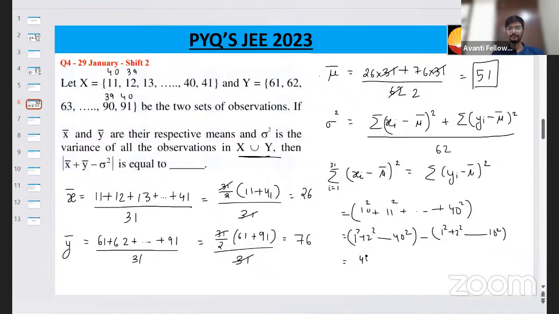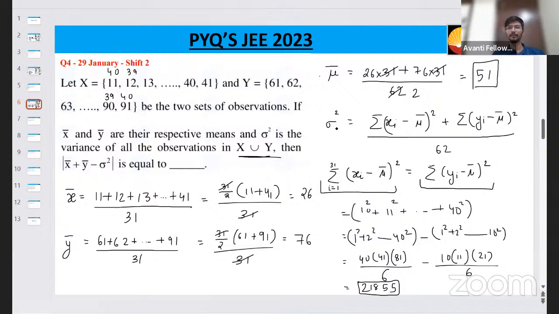This is n into n plus 1 into 2n plus 1 by 6. Am I correct? Minus n into n plus 1 into 2n plus 1 by 6. Now, if we calculate this, it comes to 21855. This is the value of each of them.